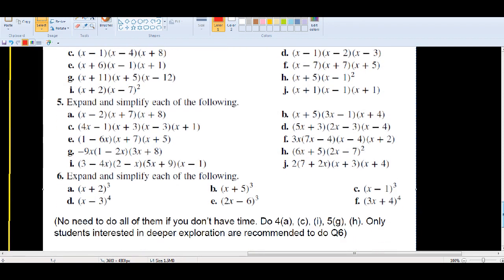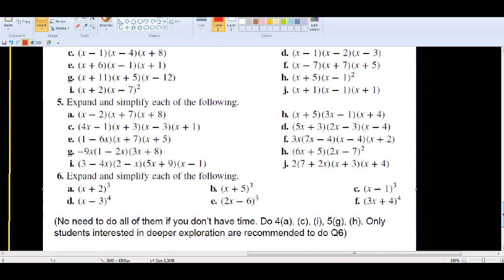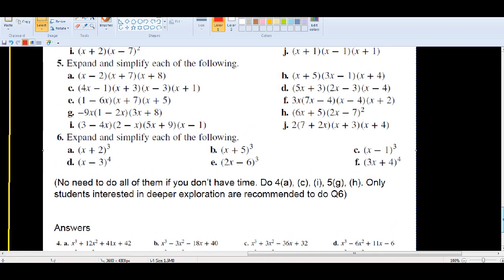So I would like you to do 4 ACI, and 5 GH for number 6. If you are really interested in deeper exploration, you're looking for a very high grade in math, you would like to invest that kind of time, or you are really interested in this part of math, then possibly you could do some questions in number 6.